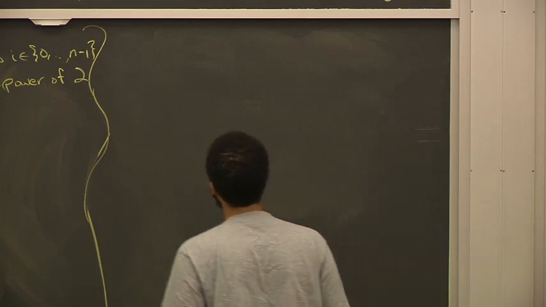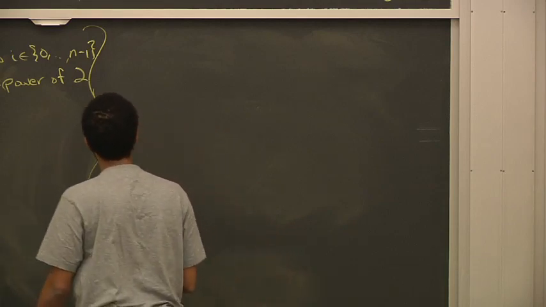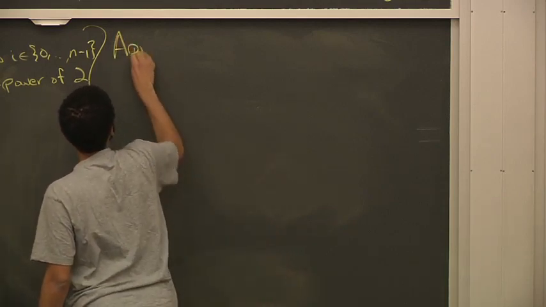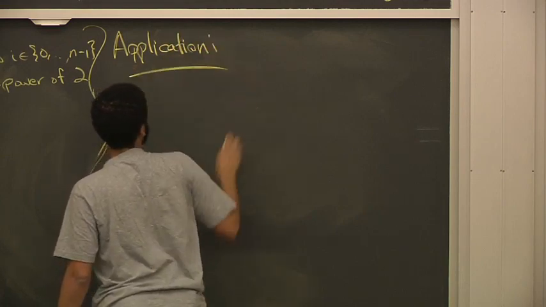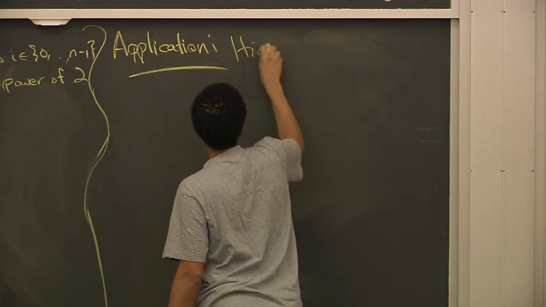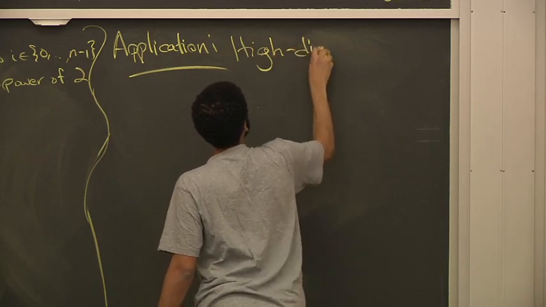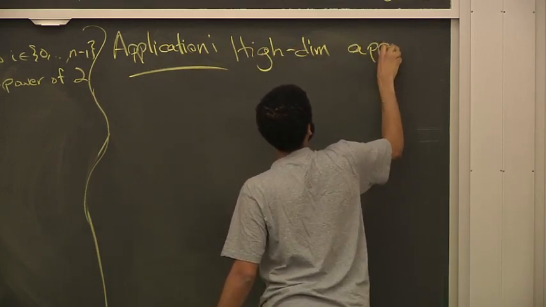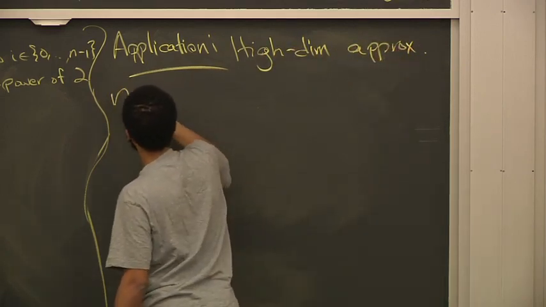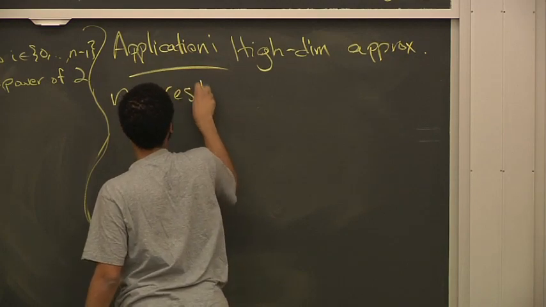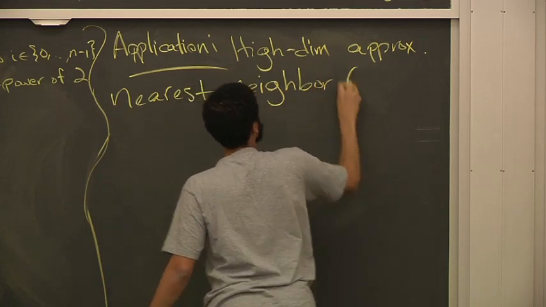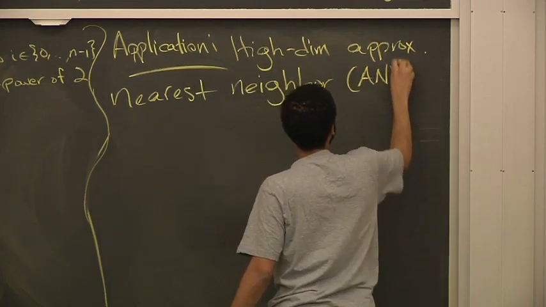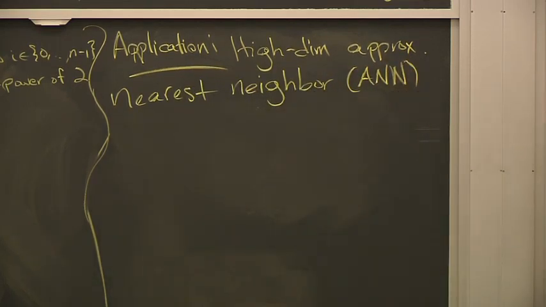One application that I want to mention right now is high-dimensional approximate nearest neighbor search. Some people usually say approximate nearest neighbor.